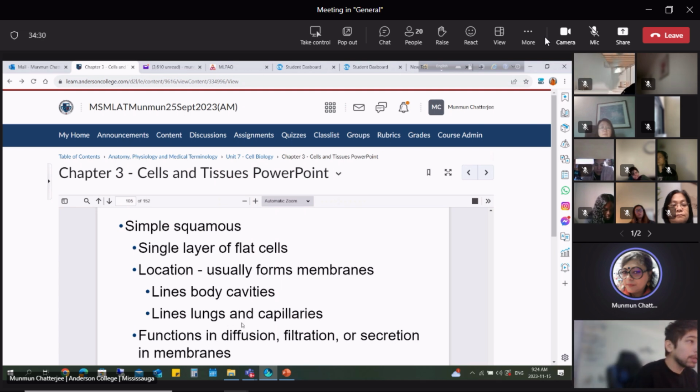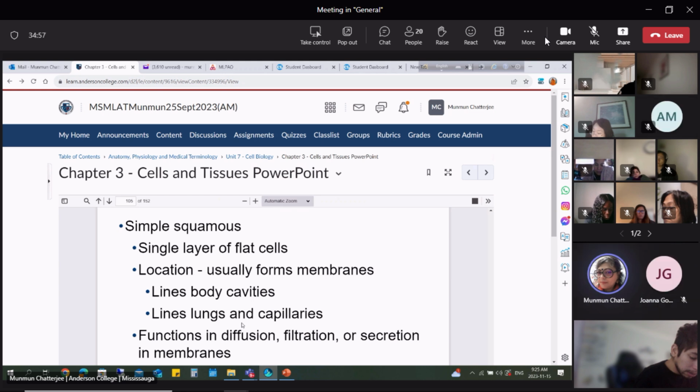This question must come: simple squamous cells can be found in which areas? It can line the body cavities, like the different types of body cavity: abdominopelvic cavity, thoracic cavity, dorsal cavity, ventral cavity. So it lines the body cavities and also lines the lungs and capillaries.